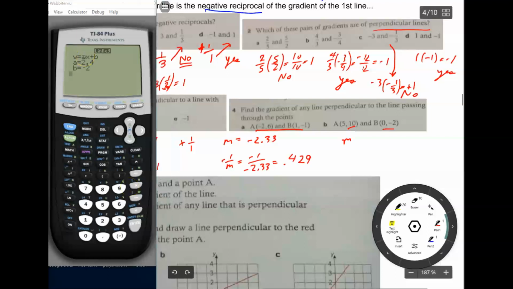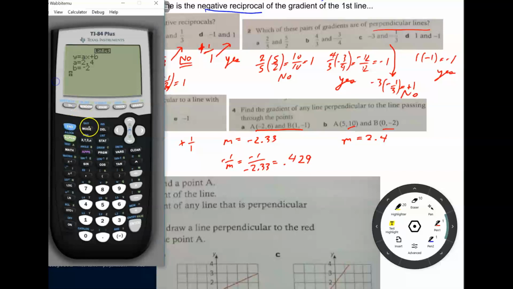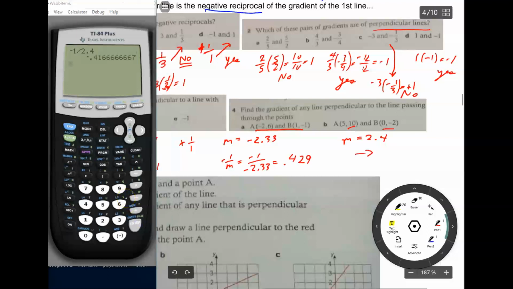So the slope is 2.4. And what would be the gradient of the perpendicular to that slope? So then we just go to the regular screen and we do -1 divided by 2.4. And we get -0.41666, which I'm going to round to -0.417.